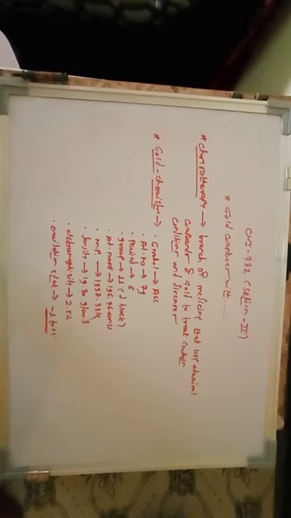Its melting point is 1337.33 Kelvin. Its density is 19.30 gram per centimeter cube. Its electronegativity, according to the Pauling scale, is 2.54. And its oxidation state varies from -1 to +1.